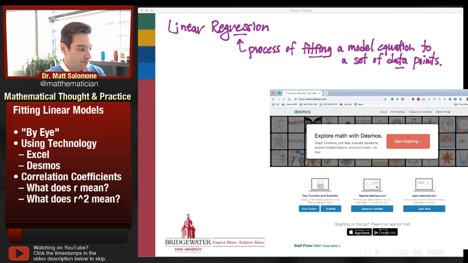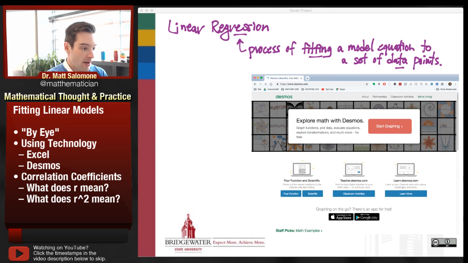I'm actually going to start back here in Desmos again. This is our free online graphing tool, desmos.com. I have to apologize again up front because for some reason, whenever I live stream from my office computer now, everything is really, really slow.